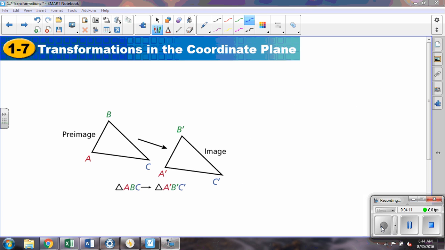For instance, here's what we could look at. We would have the triangle pre-image ABC on the left getting moved to A prime, B prime, C prime. And we're just describing how it all comes together. You see the notation with the primes? That's all we're looking at doing right now.